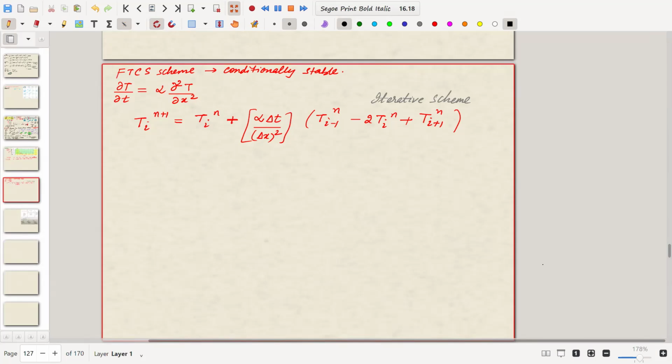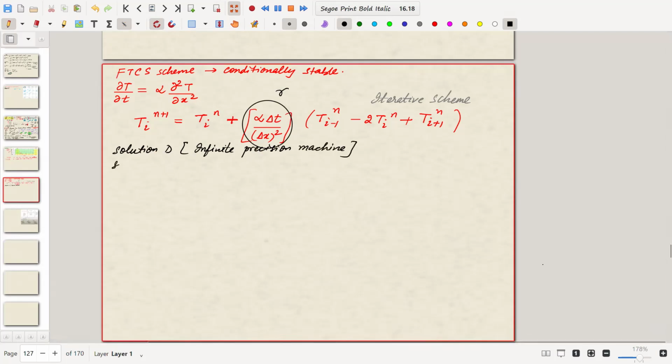So suppose, let us call this quantity R, so that we don't have to write alpha delta t by delta x square again and again. We'll just write it as R. Suppose solution D represents the infinite precision machine, that means it is an analytical solution. That is the D solution.